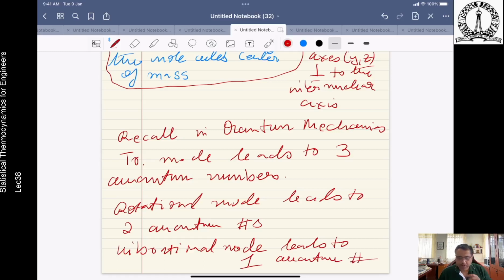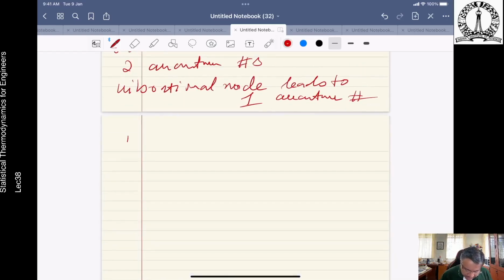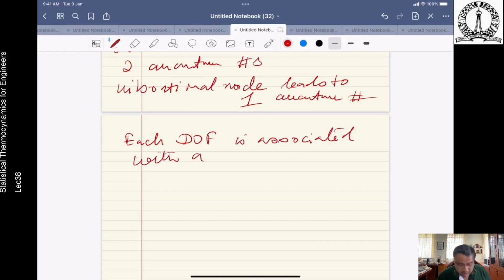So we can almost say each degree of freedom is represented by, or can be associated with, a quantum number. So there is a very robust link between classical and quantum mechanics.